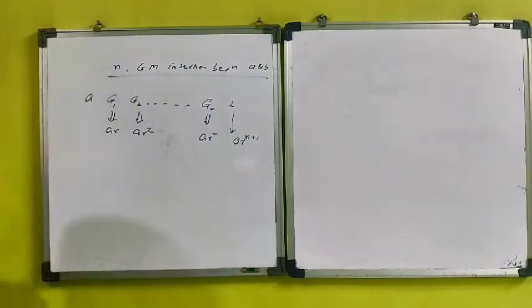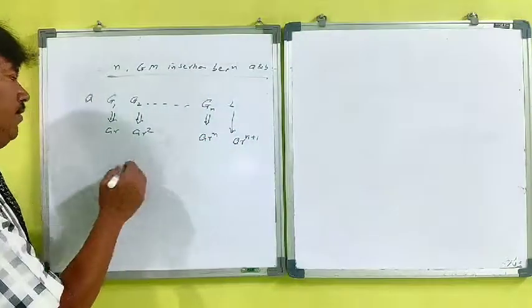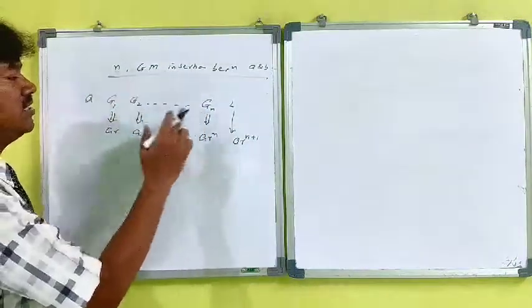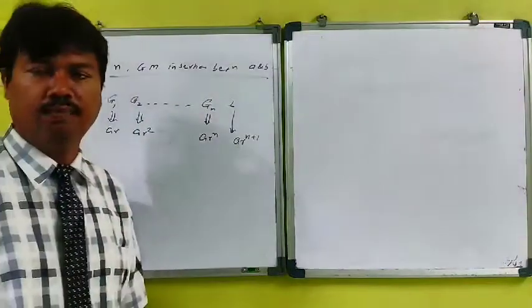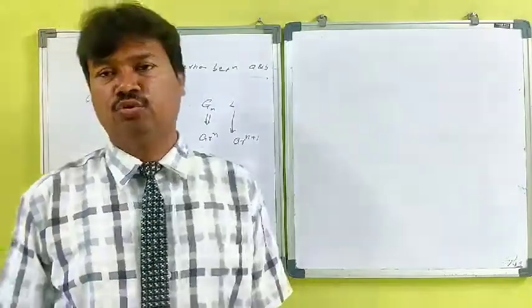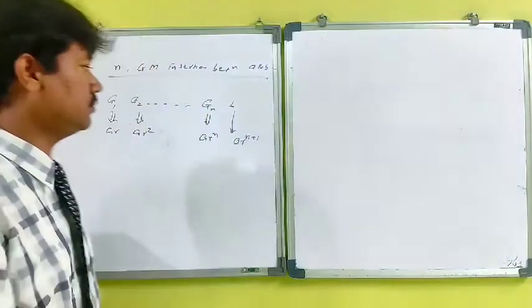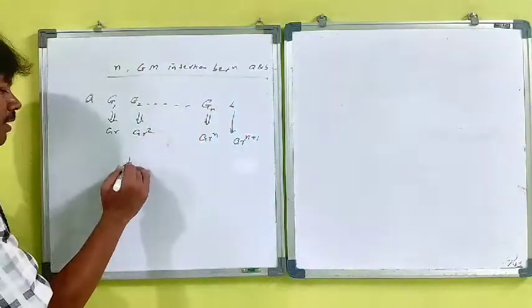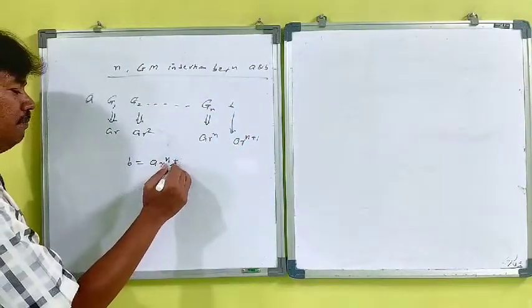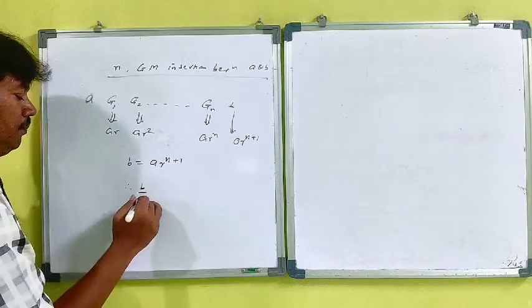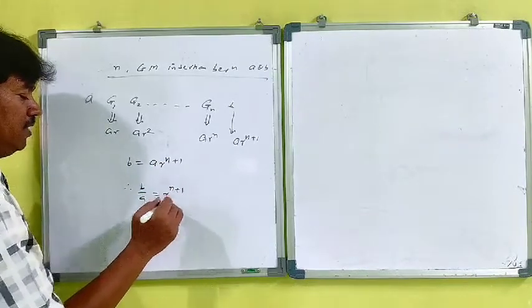So that is exactly what we want. Here, when n number of GMs are inserted between A and B, with R as the common ratio, then the value of B will become B equals AR raised to n plus 1. Therefore, B upon A is R raised to n plus 1.